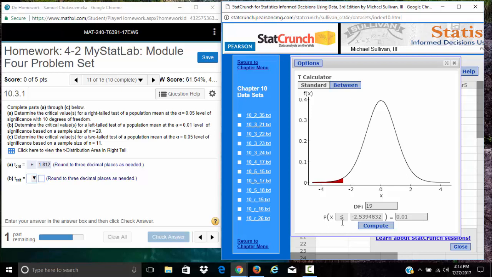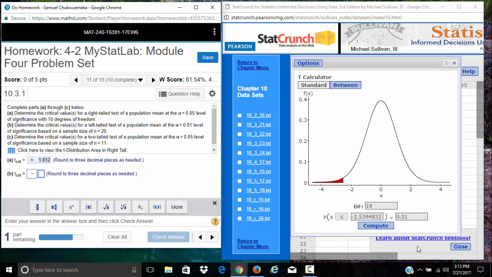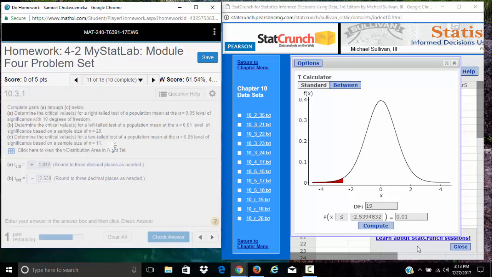It's one parameter, the population mean, so degrees of freedom is 20 minus 1, which is 19. The critical T is negative because it's left-tailed, so it's negative 2.539.